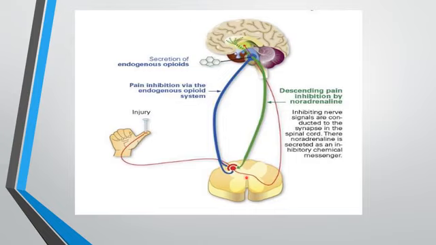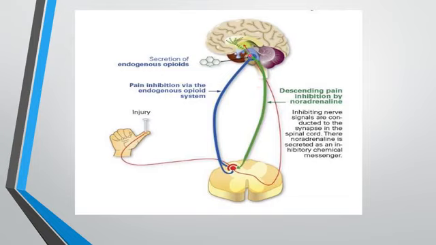The second order neurons start from there and cross to the opposite side. They go along the spinal cord into the brainstem and the thalamus, and from here again they go to the somatosensory cortex. So this is the ascending pathway for pain.